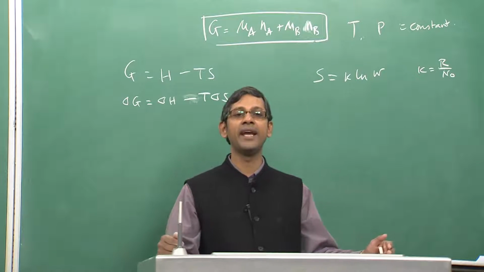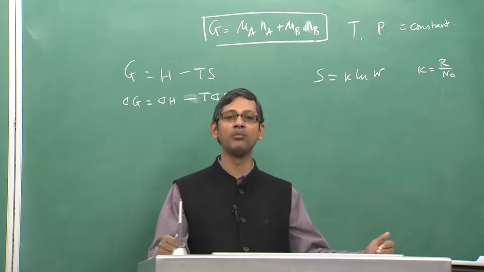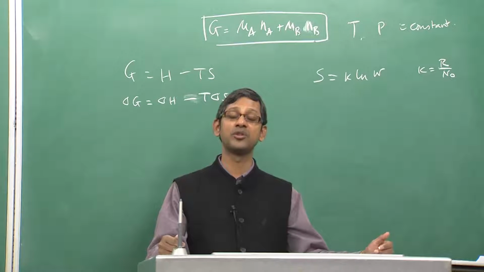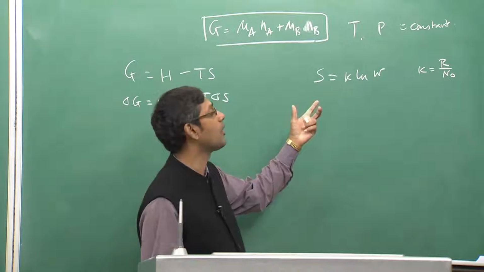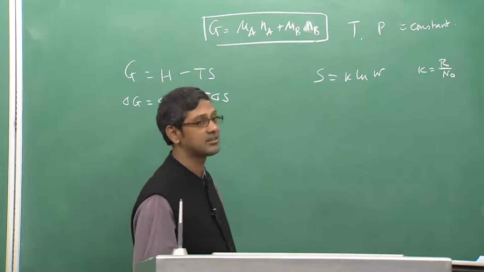Similarly, if you have 2 A and 2 B, or 2 red and 2 green balls, you will have 6 different ways of arranging them. So W means the number of ways of arranging the system.